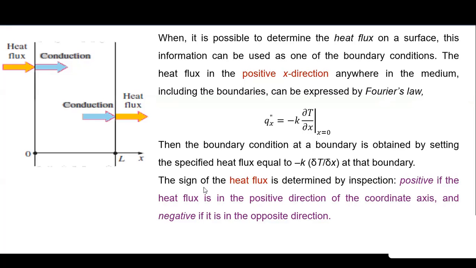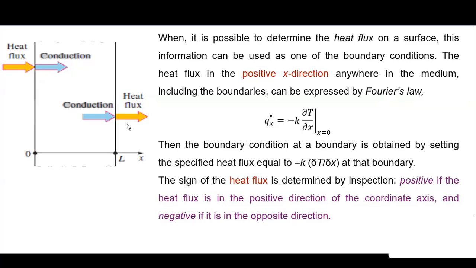The sign of this heat flux is determined by inspection. Now what is that? The heat flux is taken as positive if the heat flux is in the positive direction of the coordinate axis. Means if the heat flux specified is in the positive direction, in this case both these heat fluxes are in the positive direction, we take the heat flux as positive, and we equate it to minus k del T by del x.